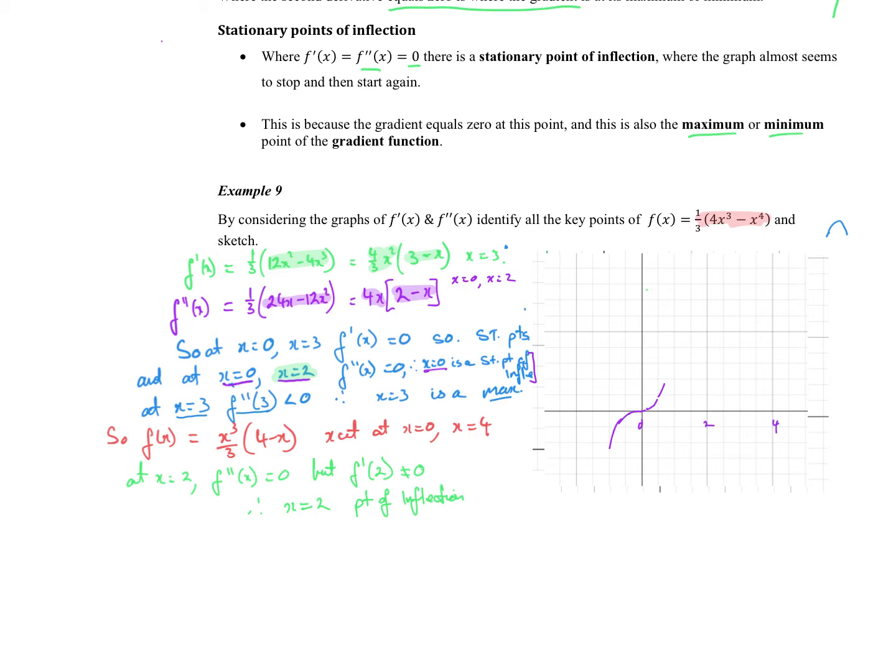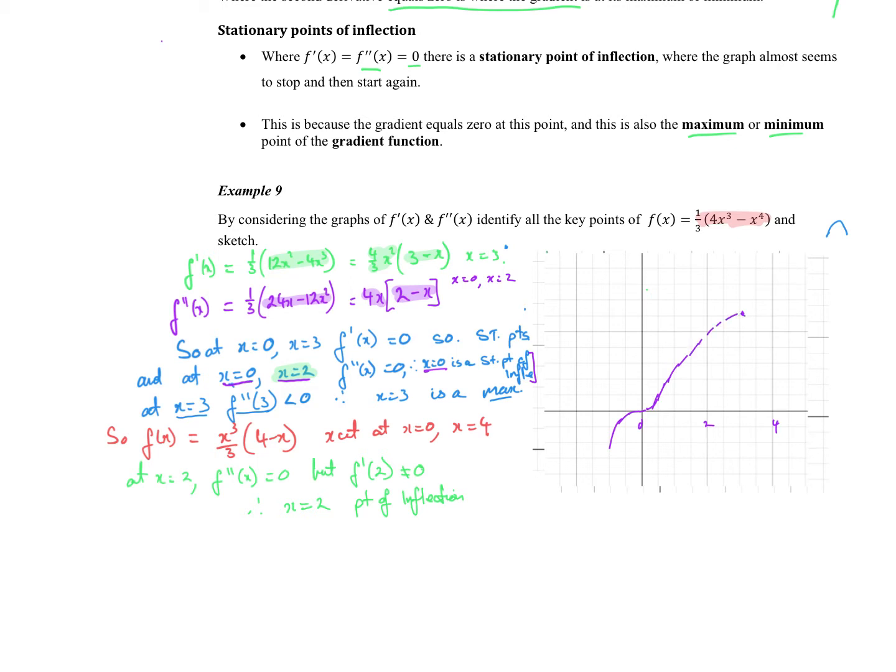So at x equal to 3, if I substitute x equal to 3, what's the function equal to? 4 times 3 cubed, which is 108. Minus 81 is 27, so at x equal to 3, 27, maybe up there we have a maximum.